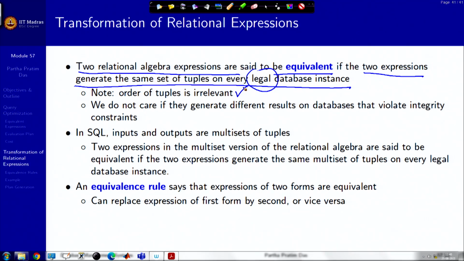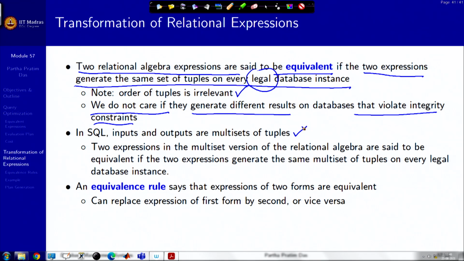So, order of tuples could be different, it is a set, if they are the same set, then we accept them. Also, we do not care if different results are generated for databases that violate the integrity constraints. If the database violates the integrity constraints, then it is possible that two expressions are equivalent, but generate different results.